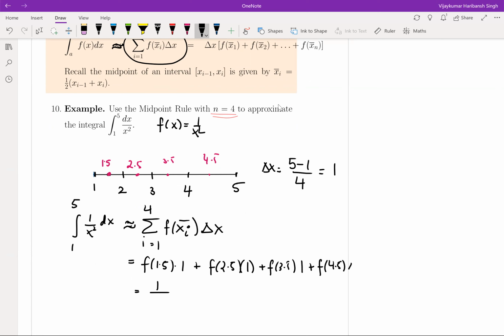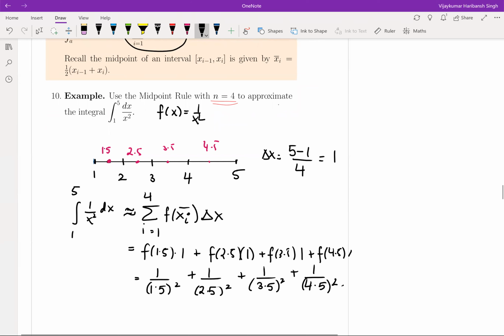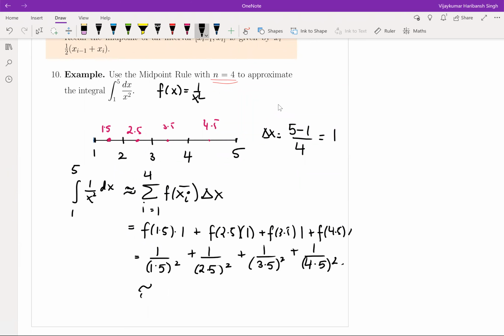So this is going to be 1 over 1.5 squared plus 1 over 2.5 squared plus 1 over 3.5 squared plus 1 over 4.5 squared. And when you approximate, this is approximately 0.735. You can add this up and check. The answer is going to be 0.735.